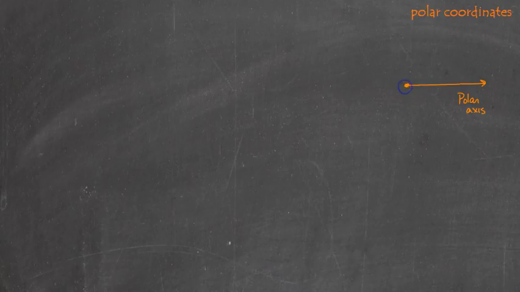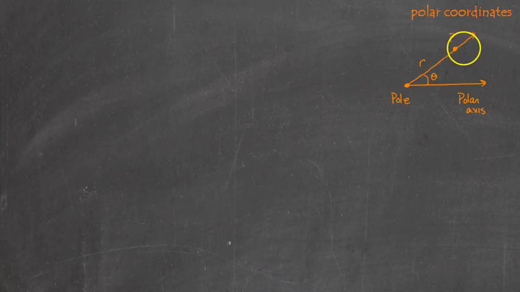And the origin, we don't call the origin because we're not dealing with a Cartesian plane. We call the origin the pole. So then in order to locate some point, let's call it P, we would locate it based on its angle from the polar axis and the radius, or the distance from the pole to the point along the terminal ray.